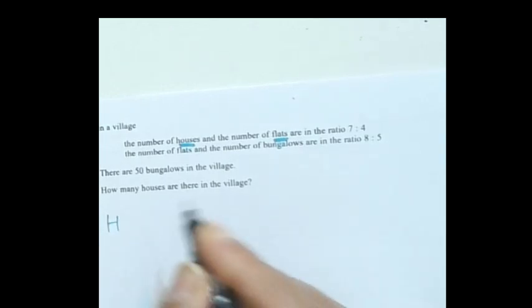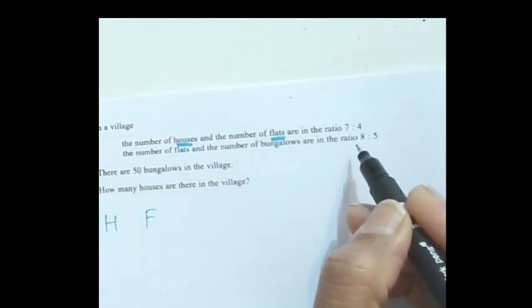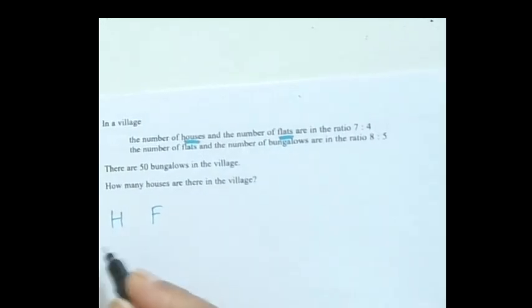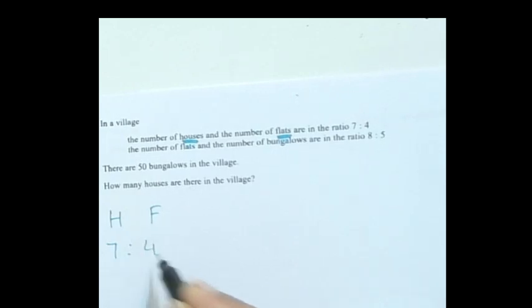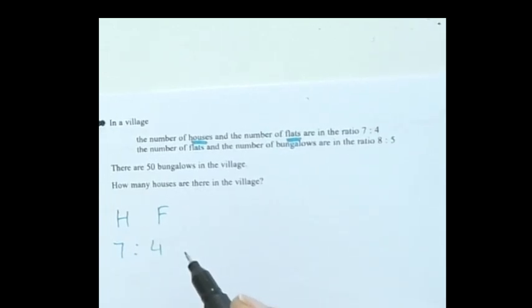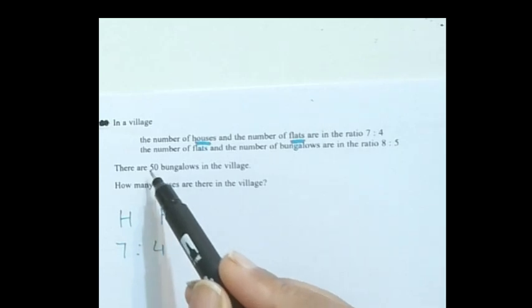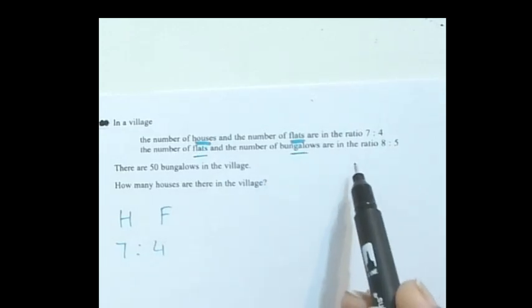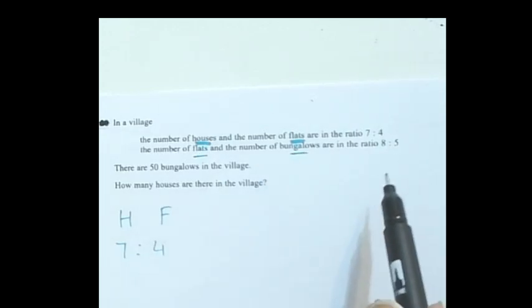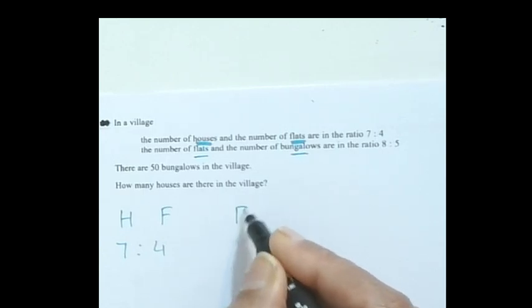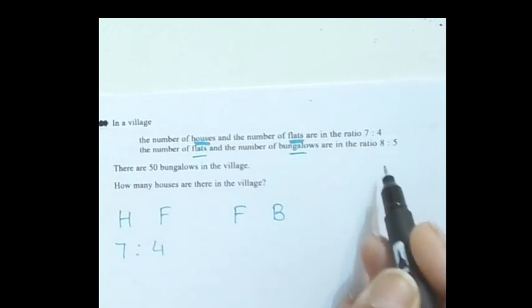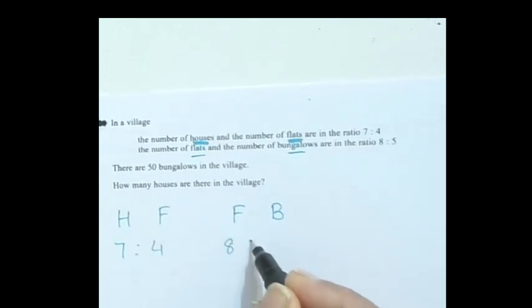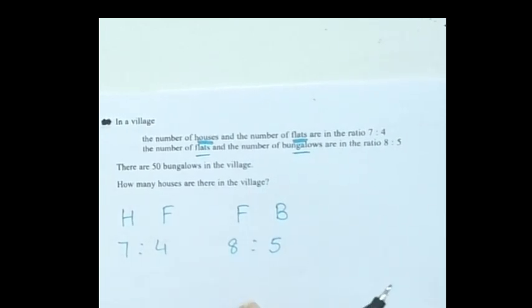Okay, so you're going to write houses and flats, and they are 7:4. Okay, let's see the next information. The number of flats and the number of bungalows are in the ratio of 8:5. So now you have next flats and bungalow. It is 8:5. So this is the information given to you.